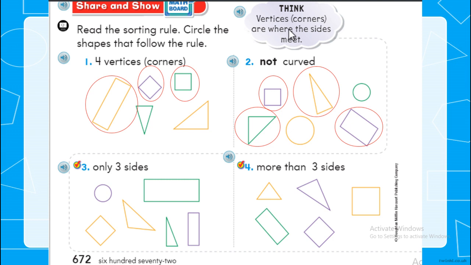Now in number 3, which shapes have only 3 sides? Excellent, the triangles only. In number 4, more than 3 sides. Can I circle the triangles here? No, they want any shape that has more than 3. So the rectangle, the square, and the other square have more than 3 sides.